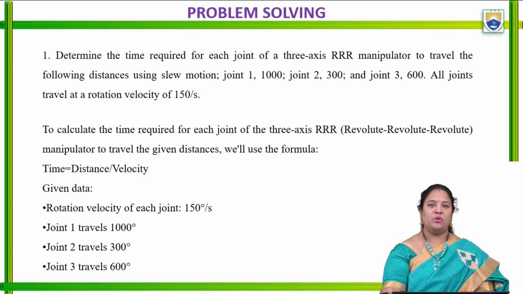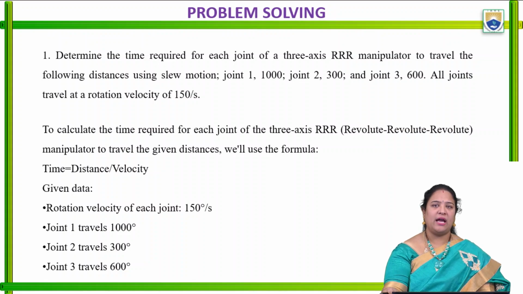Determine the time required for each joint of a 3-axis RRR manipulator to travel the following distance using slow motion. Joint 1, 1000, joint 2, 300 and joint 3, 600. All joints travel at a rotational velocity of 150 degrees per second.